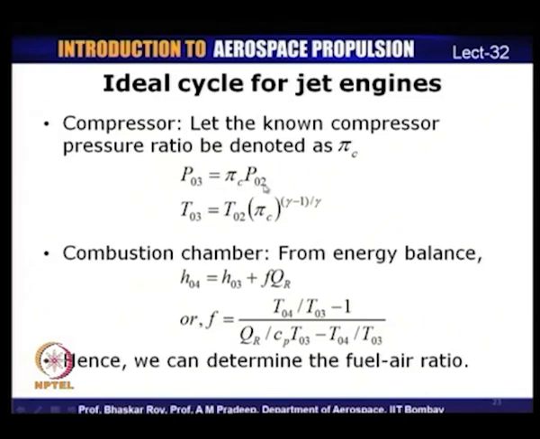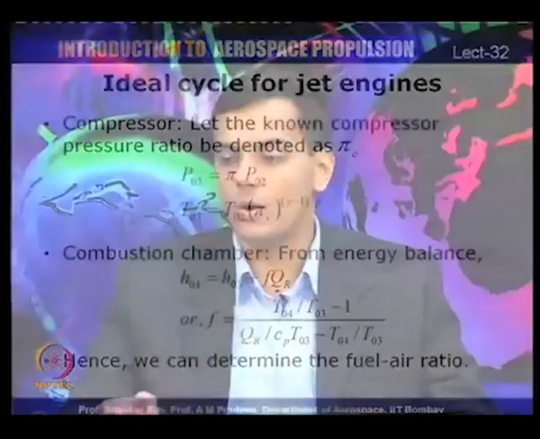P02 is known from the intake analysis. Similarly, T03 is equal to T02 into pi_c raised to (gamma minus 1) by gamma, which is again from the isentropic relation. Compression process is isentropic. So, we have now calculated the properties, that is stagnation temperature and pressures all the way up to the compressor exit. And so, next component that we are going to analyze is the combustion chamber.